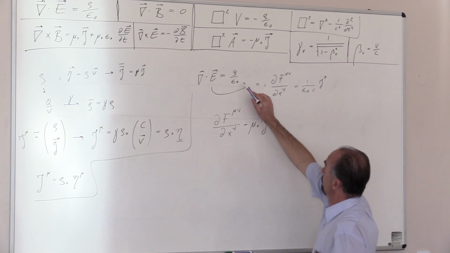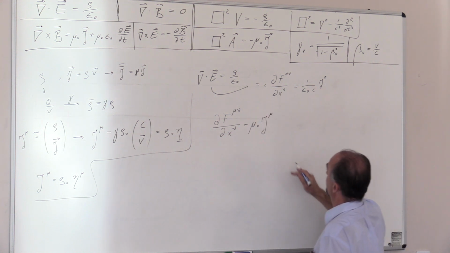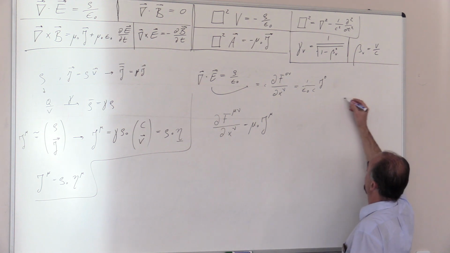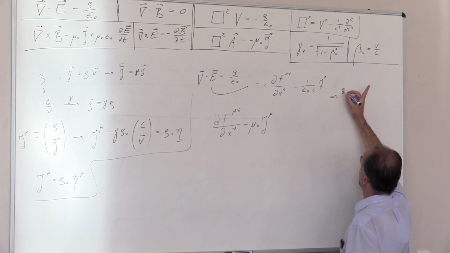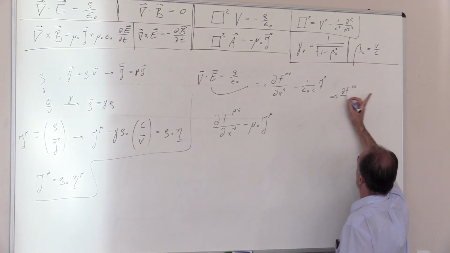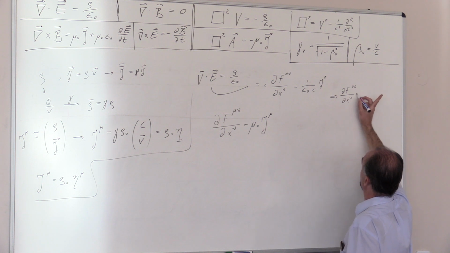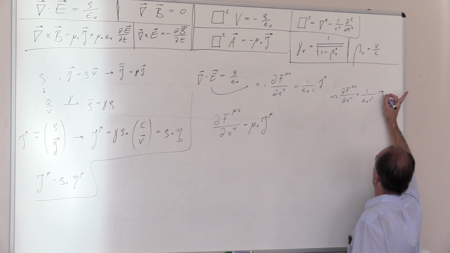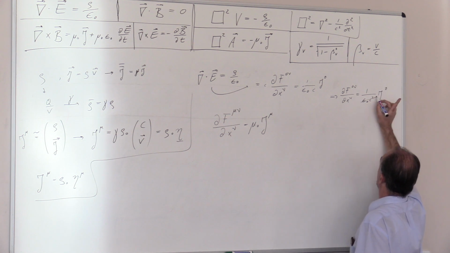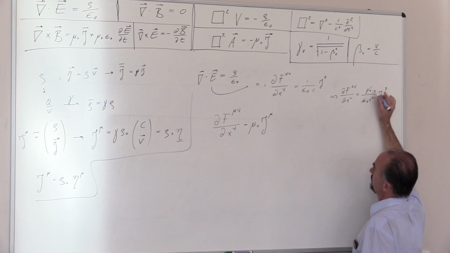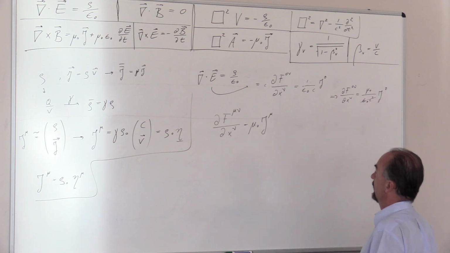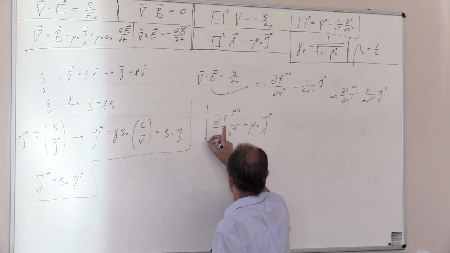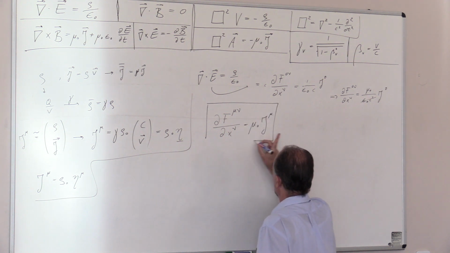So we have just rho with 1 over C. So bringing the 1 over C over here gives us dF0 mu over dx mu equals 1 over epsilon naught C squared J naught, and of course this is mu naught. Okay, so that is the postulate here.